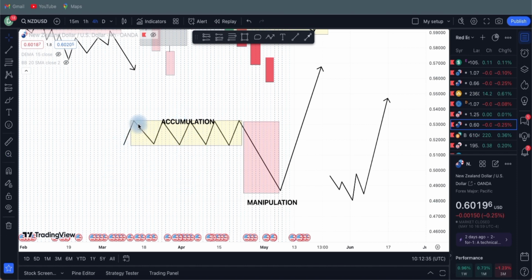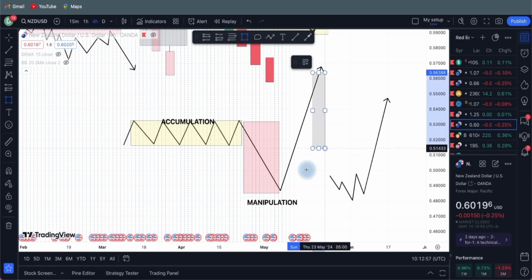So when the market is ranging or sideways, it is referred to as the accumulation phase. When it accumulates, there is going to be an impulsive move to either the upside or the downside. After that impulsive move is what we call the manipulation.